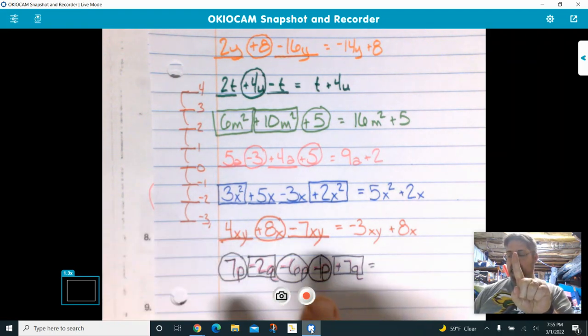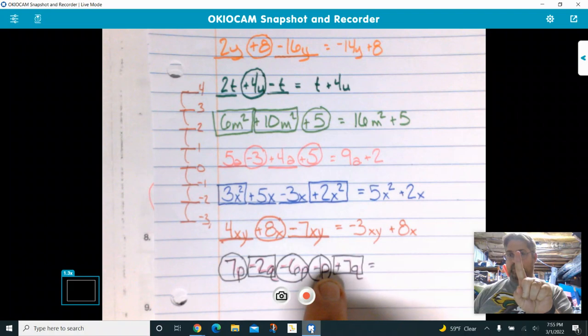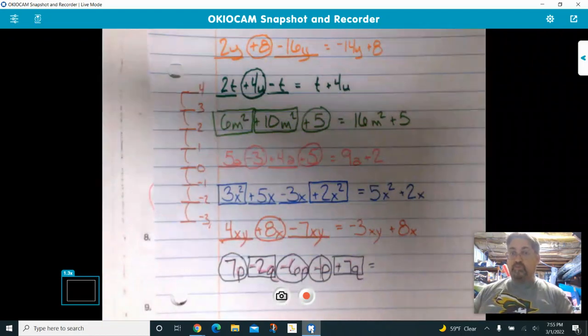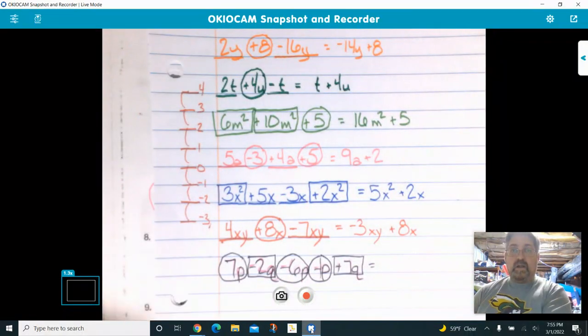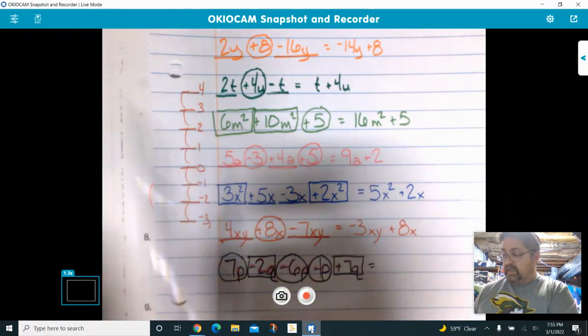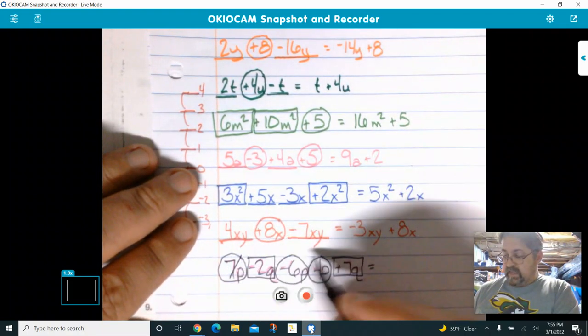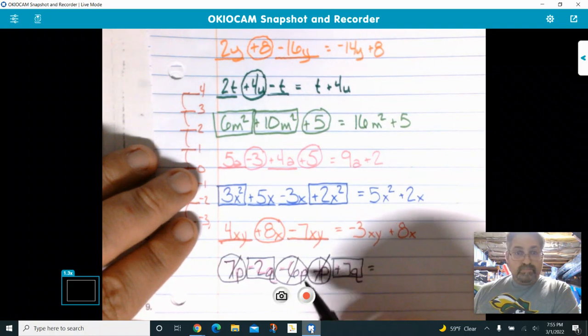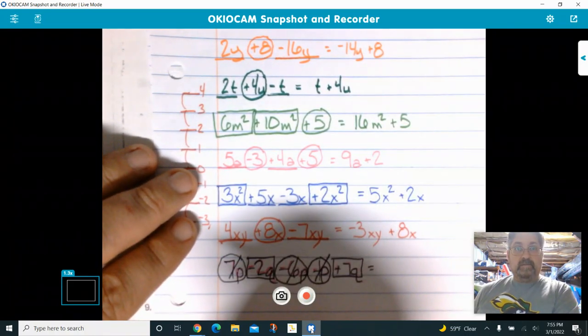And then take away 1. 1 take away 1 is nothing. There's no p's left in this problem now, right? Because 7 take away 6 left us with 1, and 1 minus 1 is nothing. It's gone. It doesn't exist.